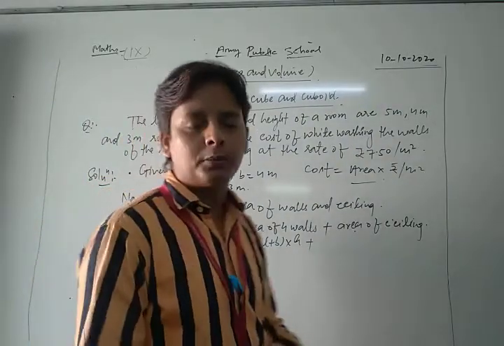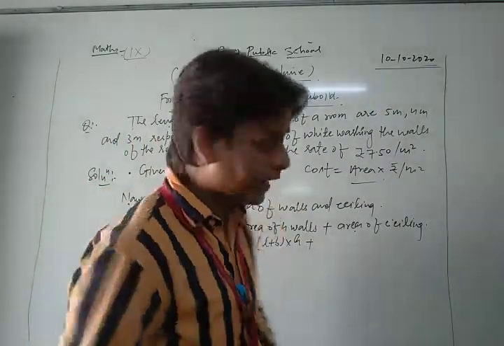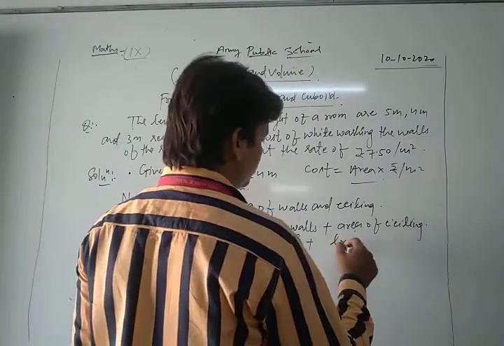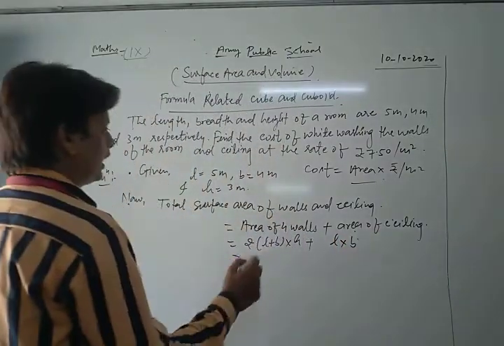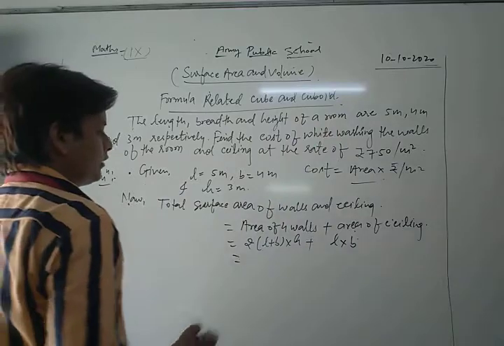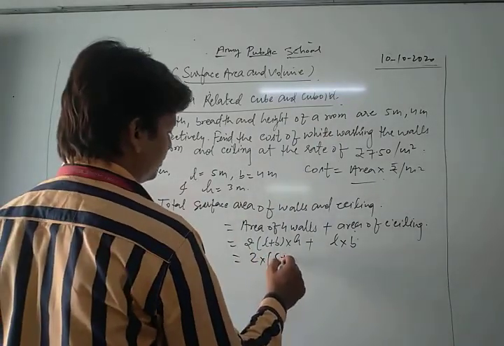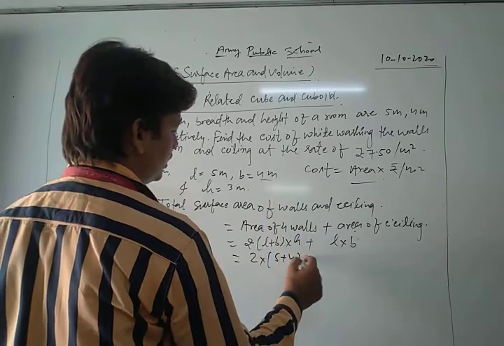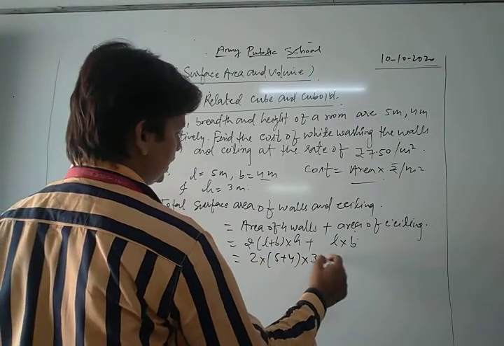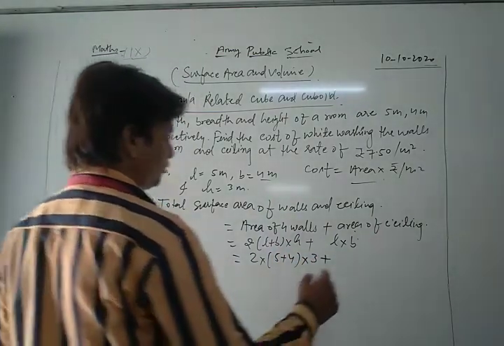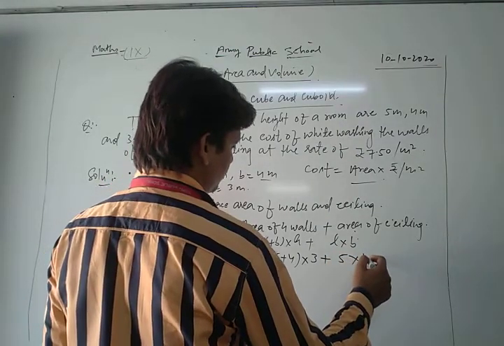In the ceiling we do not mention the height of the room. Now we put all the values in this formula: 2 into (5 plus 4) into 3, plus 5 into 4.